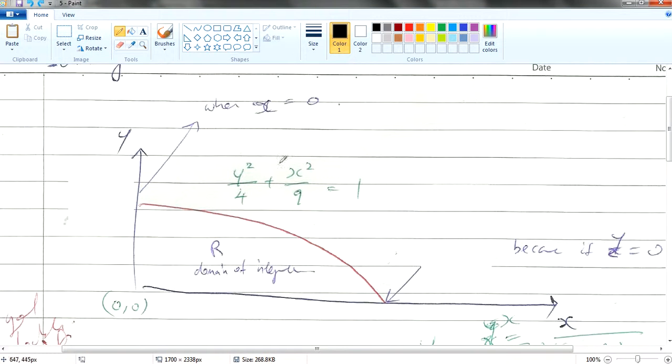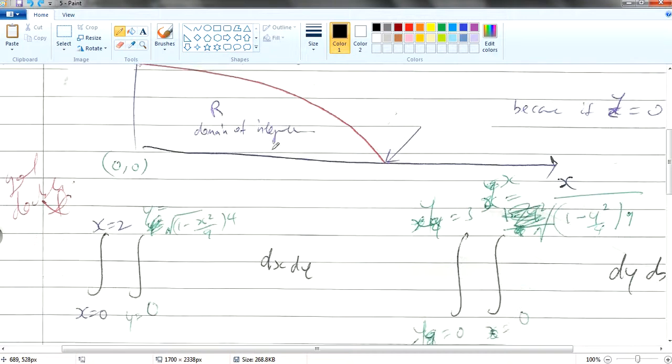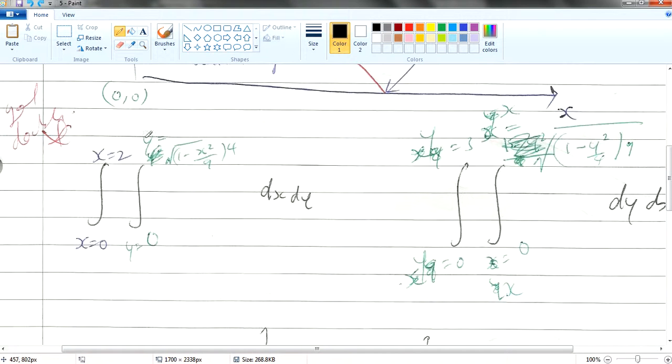Then let's go back to this question. So apparently we can do it in terms of dx dy or dy dx, no problem. One key thing is that I also have doubts: if you integrate in terms of dx, shouldn't the limits be in terms of y?